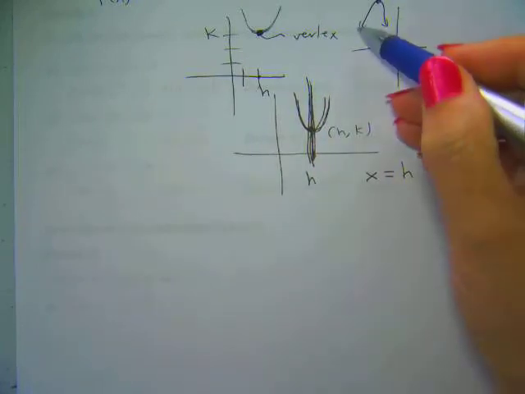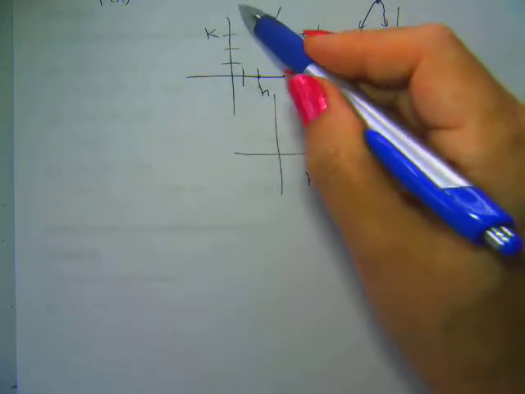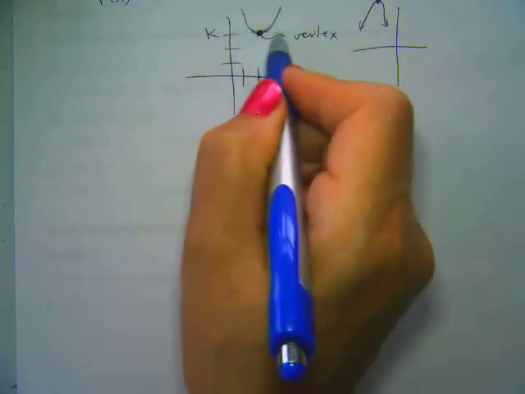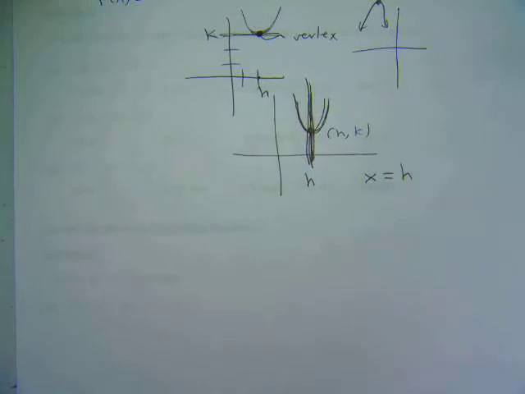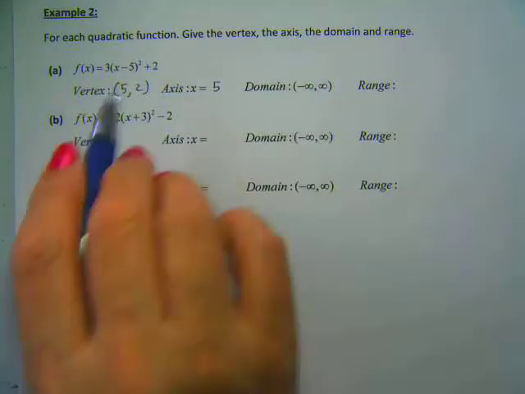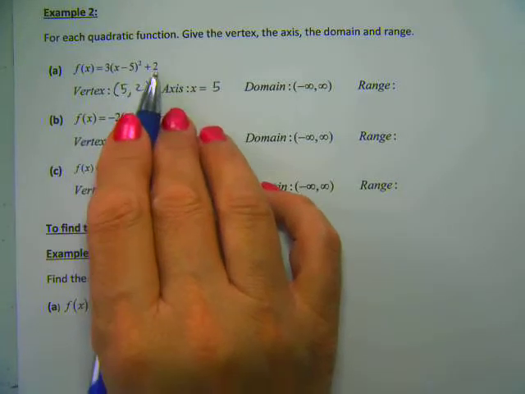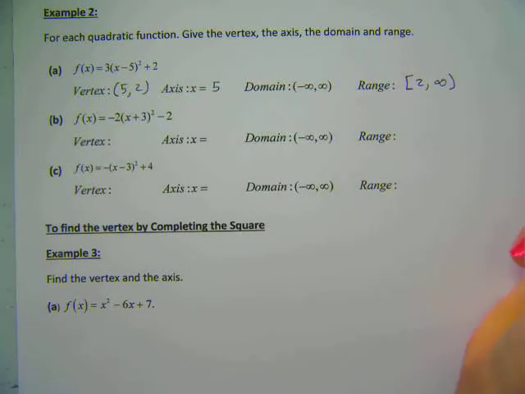If it opens down, the vertex is the highest. So if it's opening up, the range is always going to be from whatever k to infinity. So this one is opening up. So what is the range? From the k, including the k, to infinity. Got that? Let's try it again.